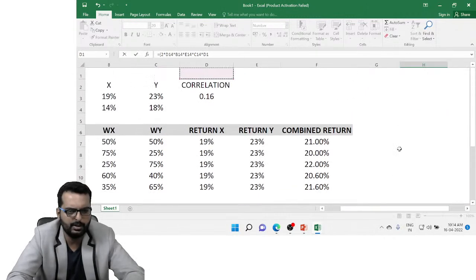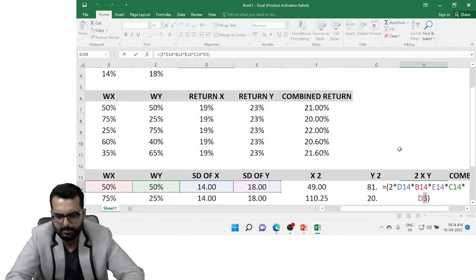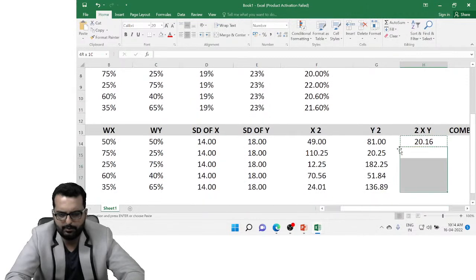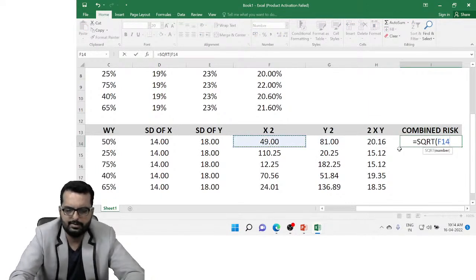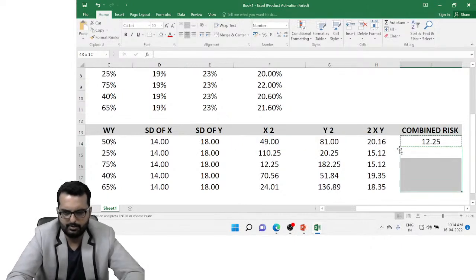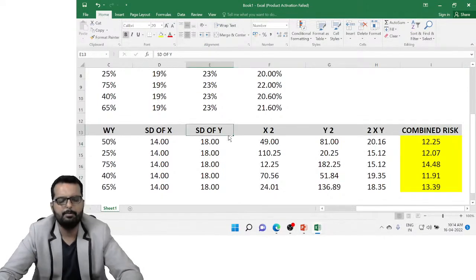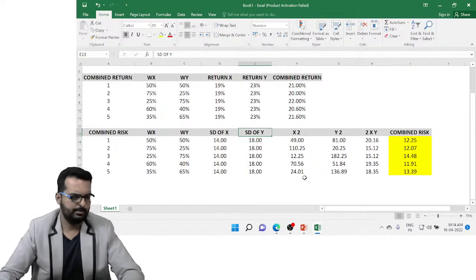I think that we got somewhere over here as 0.16. I just block this so that D3 can be frozen, and I can just paste and forward this downside. Combined risk will be nothing but square root of this plus this plus this. So this is going to be your final answer using Markowitz method. Can you write down this also in your books?